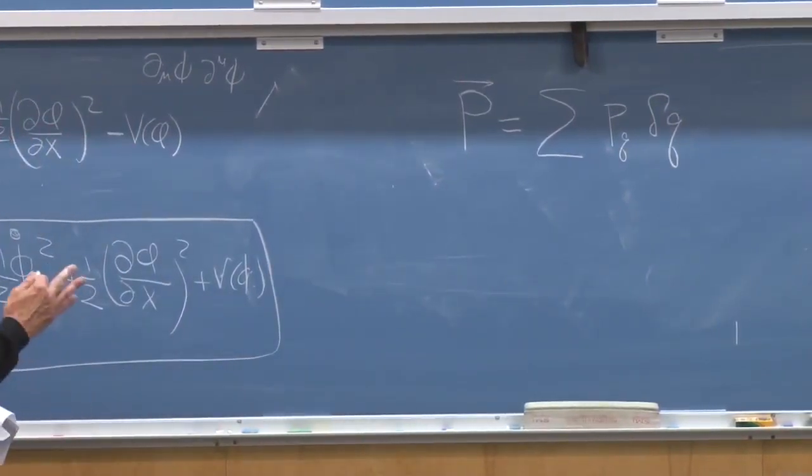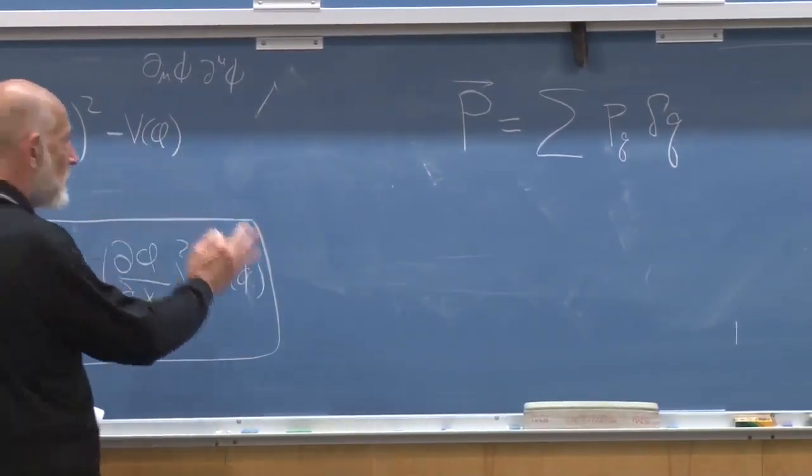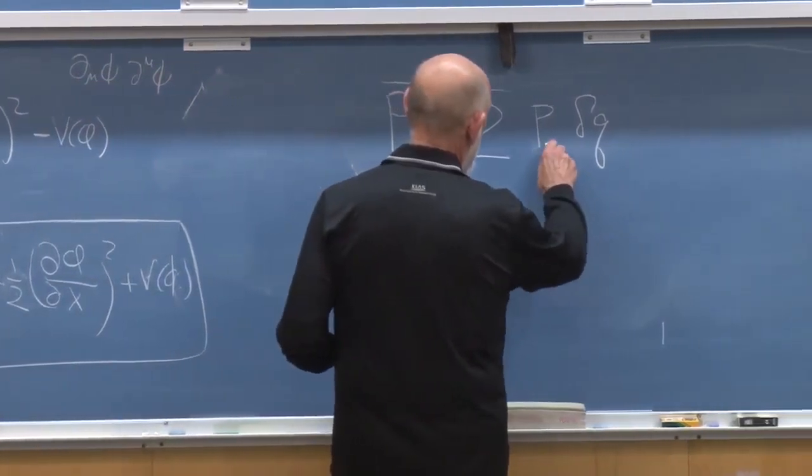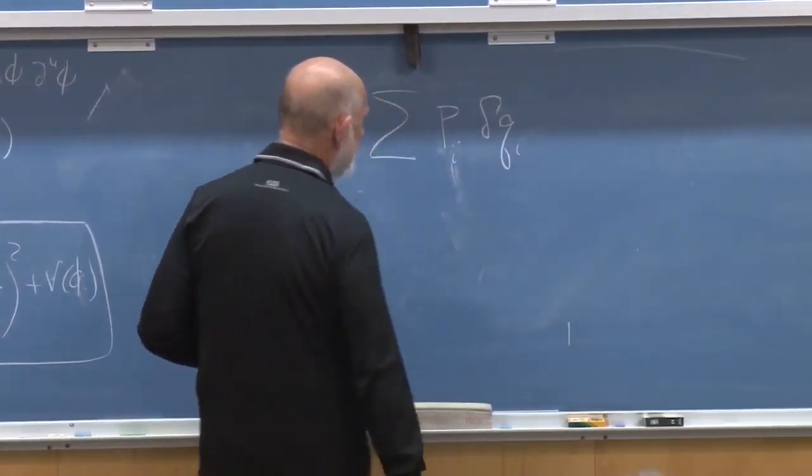We figure out what delta Q is by figuring out how the symmetry operation affects the coordinates: P sub I delta Q sub I.